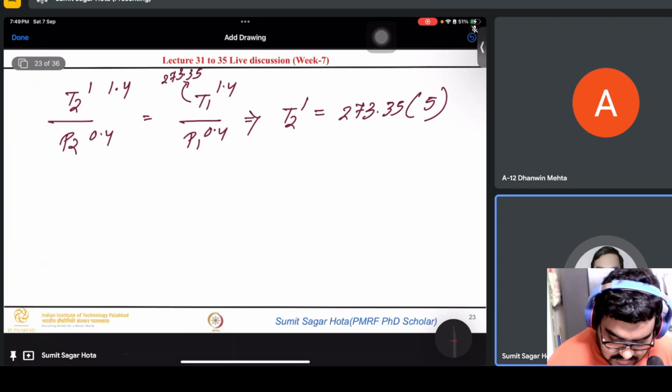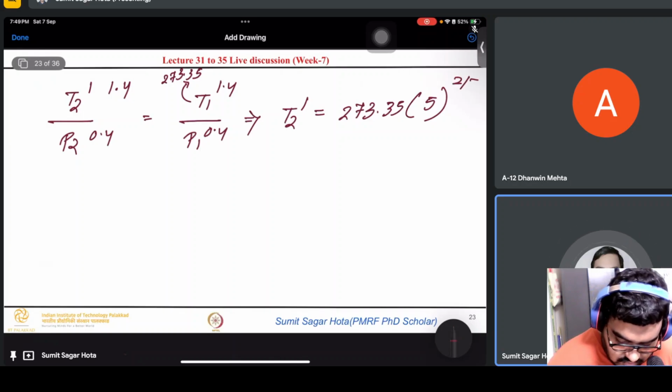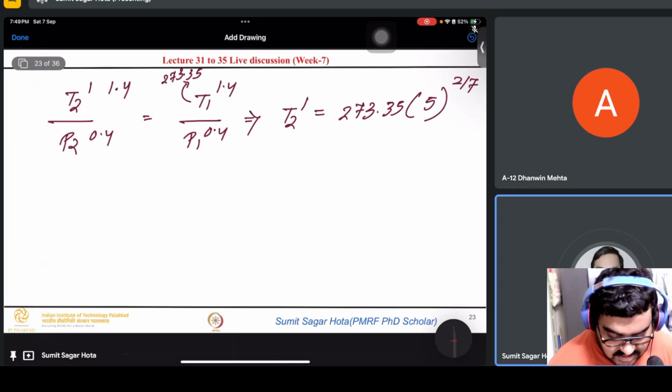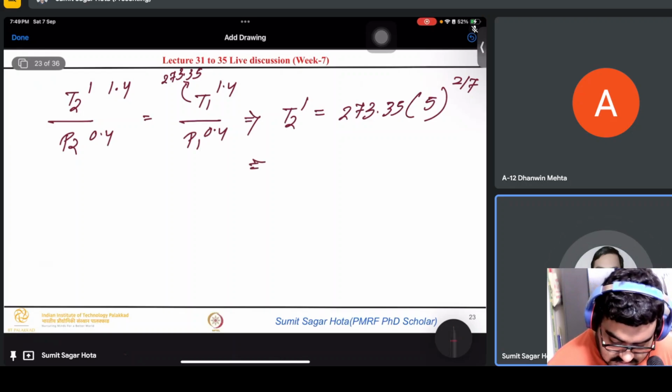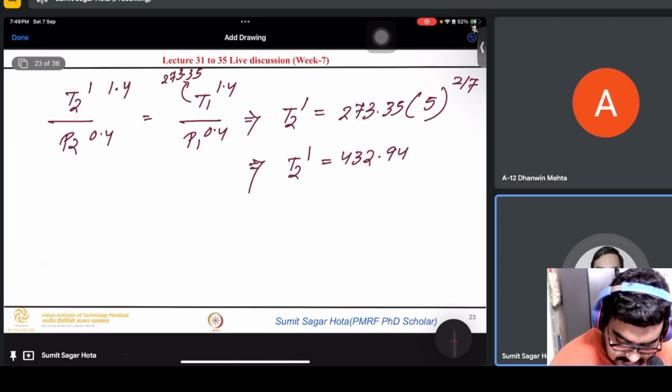Whatever this ratio is, if you just solve it, it will come out to be 2 by 7 of the gamma. Okay, so now just solve it, it will give you the value of T2 dash, which is 432.94 Kelvin.